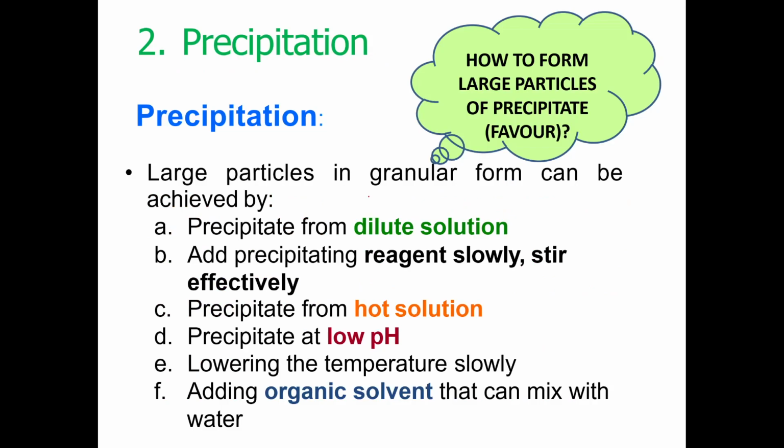Next is how to form large particles of precipitate. Large particles in granular form can be achieved by precipitating from a dilute solution.